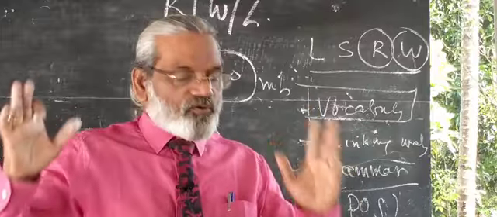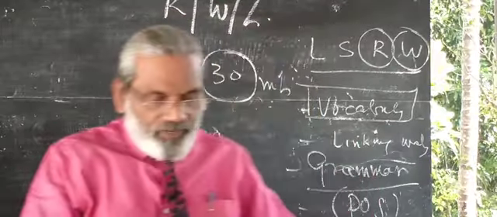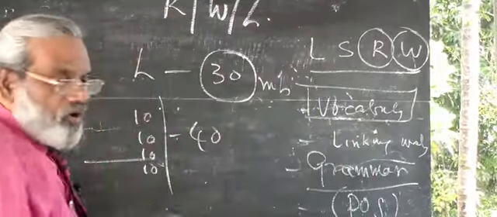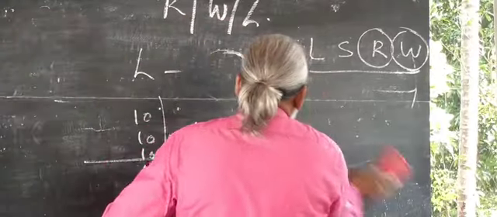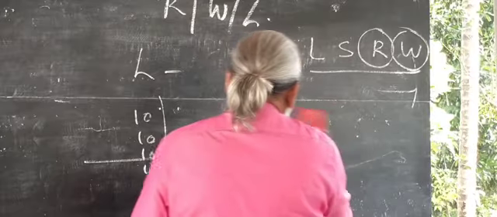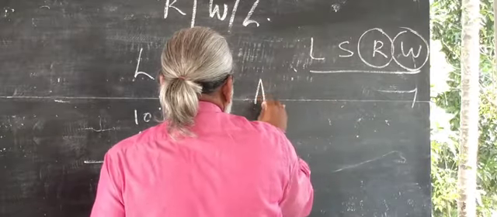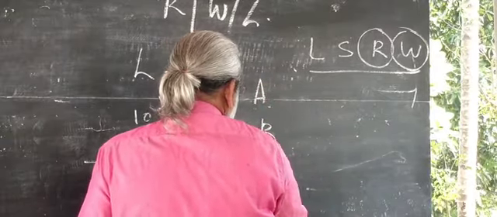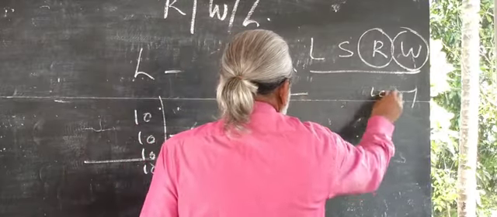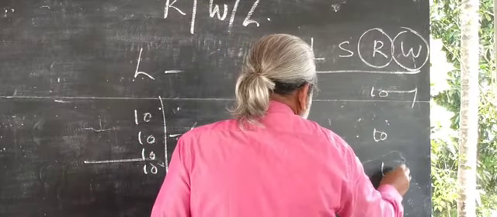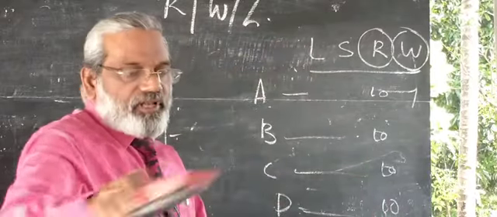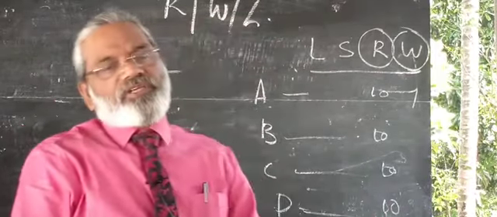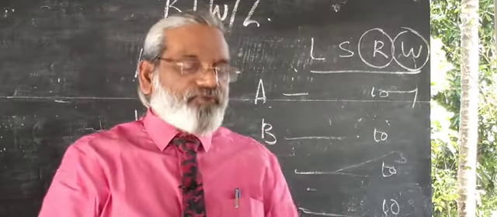They will give you 4 listening tests: A, then B, C, D. 10 questions each, so 40 questions. There will be 40 questions in the listening exam within half an hour.